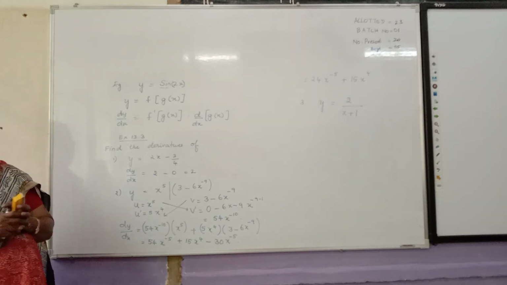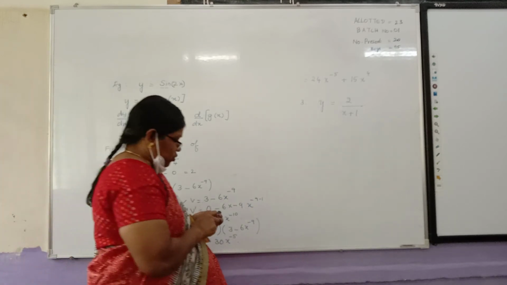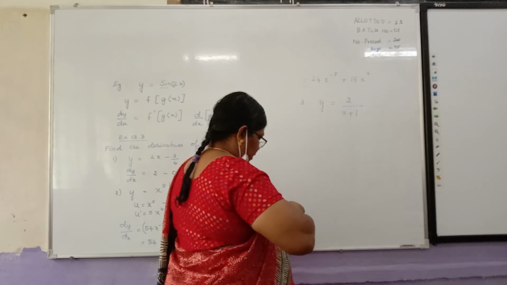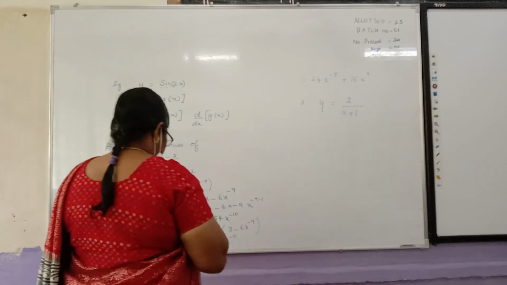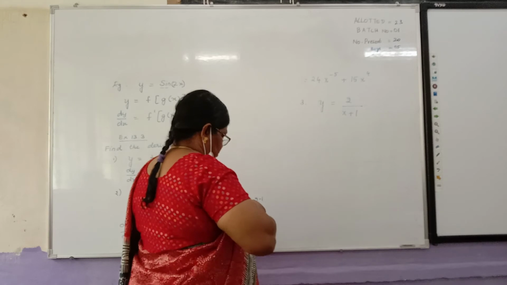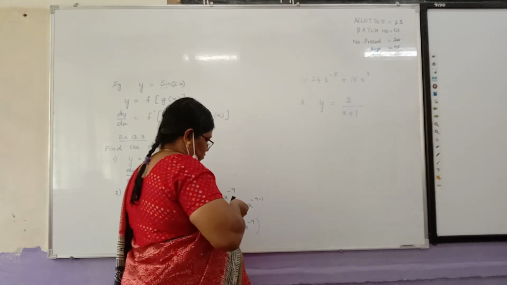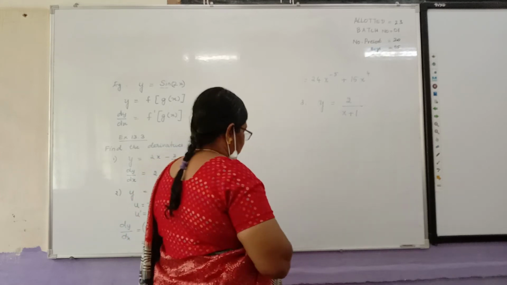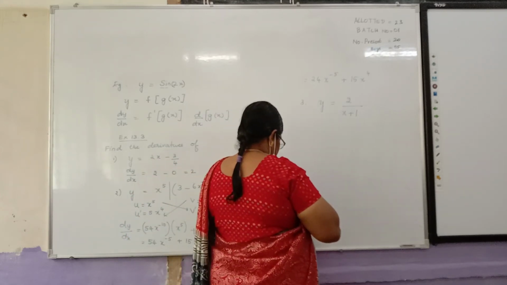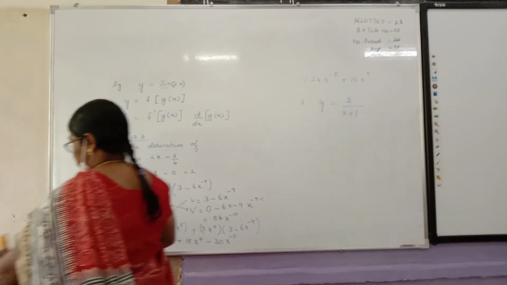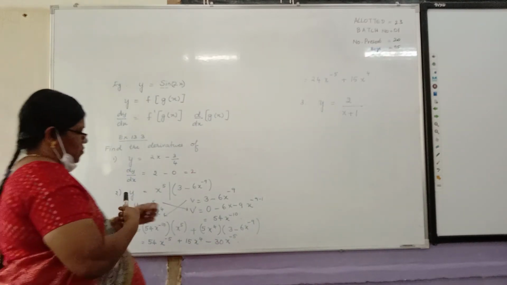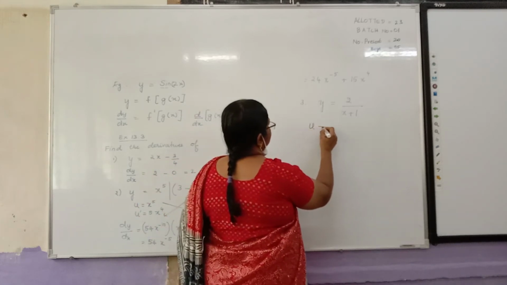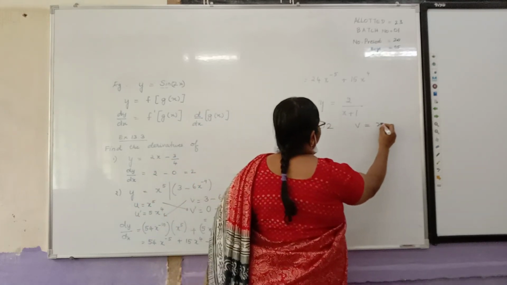Tell me how you do. Your u is 2, then v is x plus 1.